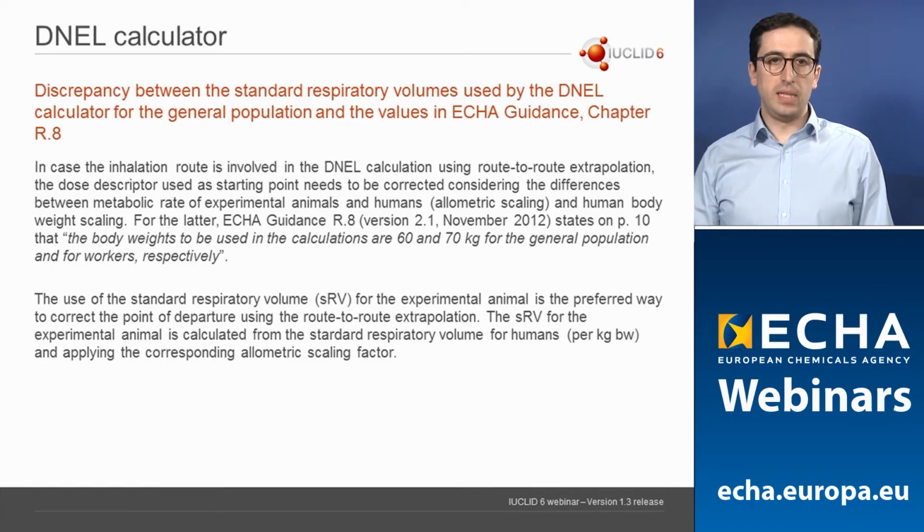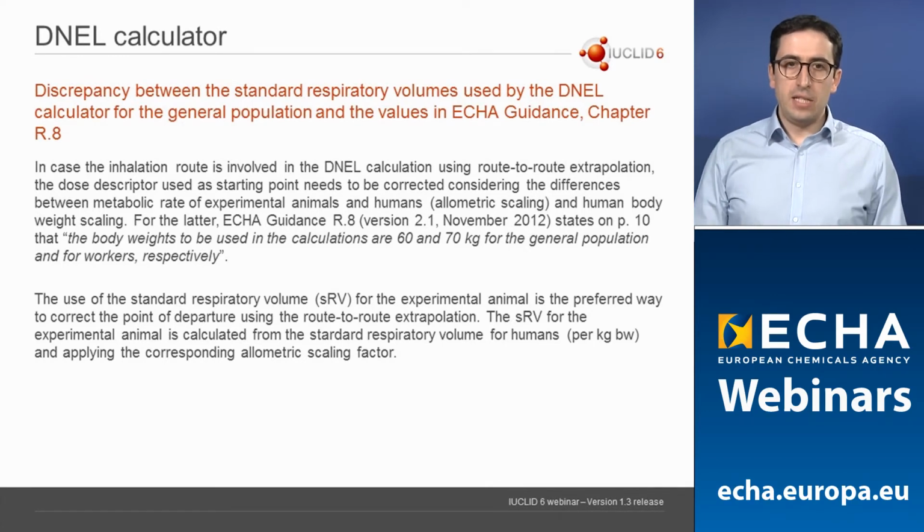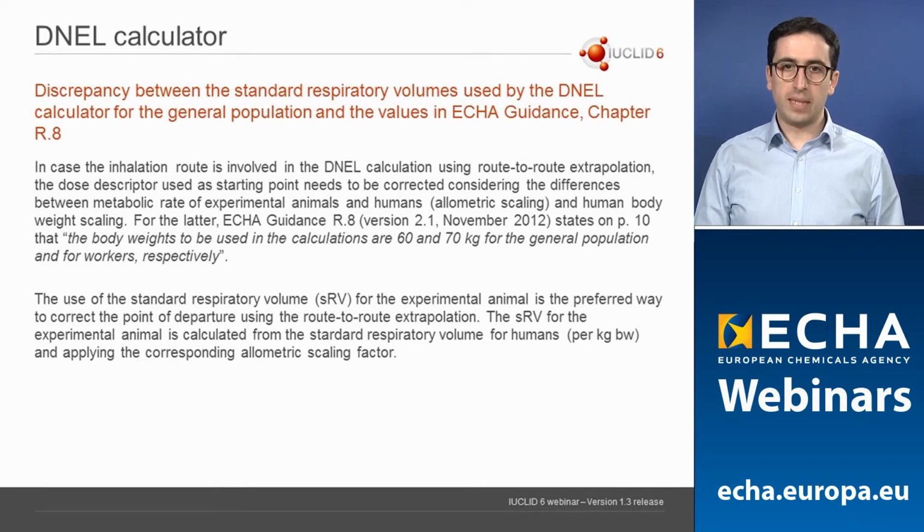The reason for this discrepancy is the different average weights for the different populations, worker population and general population. In case the inhalation route is involved in the DNEL calculation using route-to-route extrapolation, the dose descriptor used as starting point needs to be corrected considering the differences between metabolic rate of experimental animals and humans, allometric scaling, and human body weight scaling.